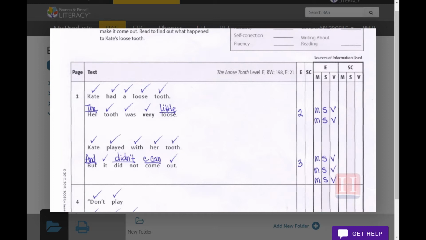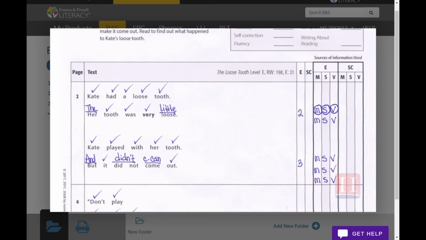Yes. Syntactically, could we use the for her in the sentence? Yes. Are there visual similarities between those two words? Yes. Some of the letters are similar. So for this error, circle M, S, and V in the error section because all three sources of information were used by the reader.